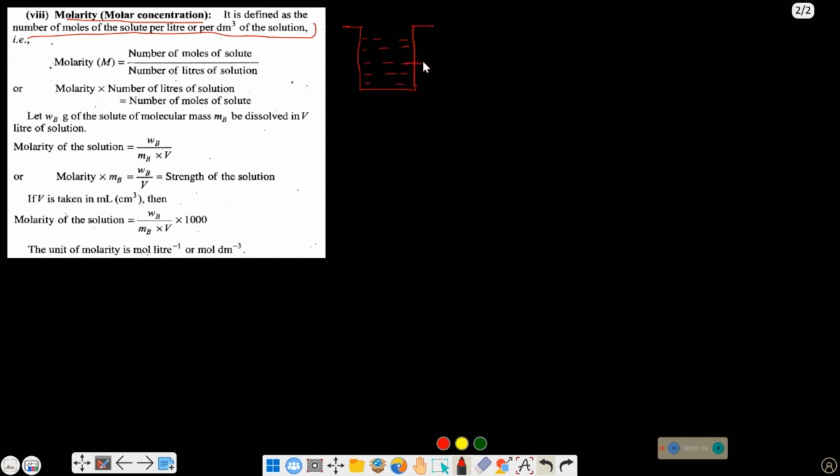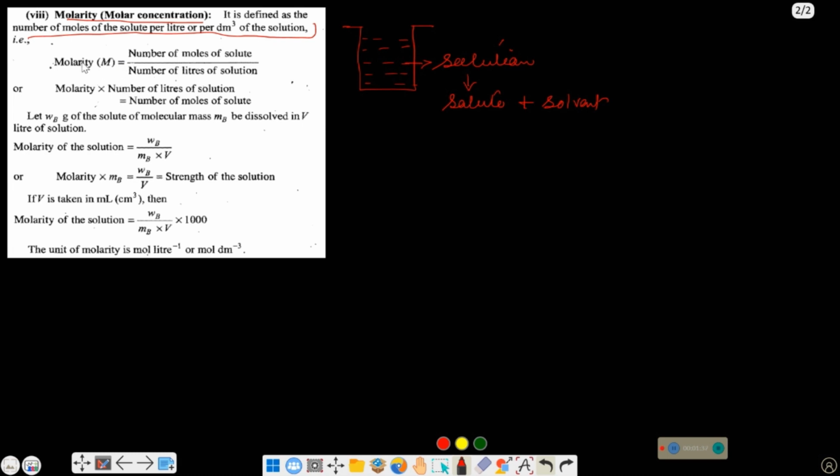Solution means solute plus solvent, right? Solute plus solvent.